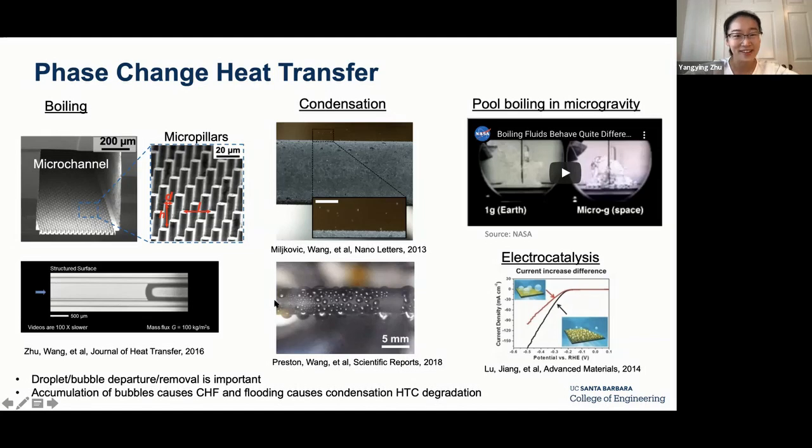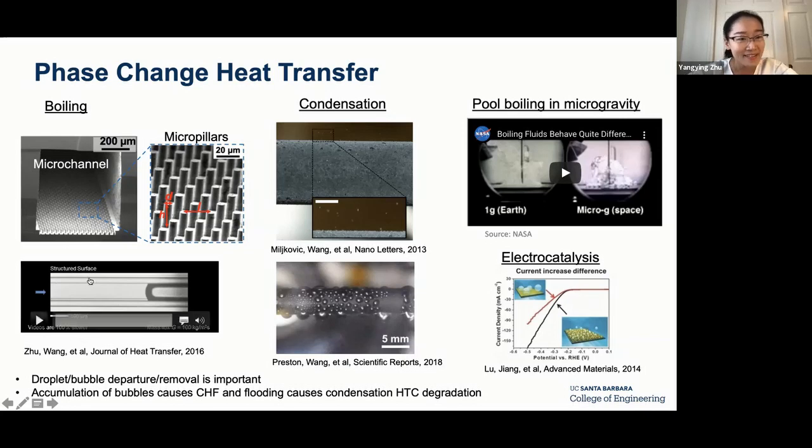it's hard to put everyone's work here, but I've selected Nat and Dan's work. We've seen that being able to manipulate jumping droplets, or being able to achieve dropwise condensation for low surface tension fluids, enhances the heat transfer coefficient. In all of these boiling and condensation processes, droplet and bubble departure and removal is really important.